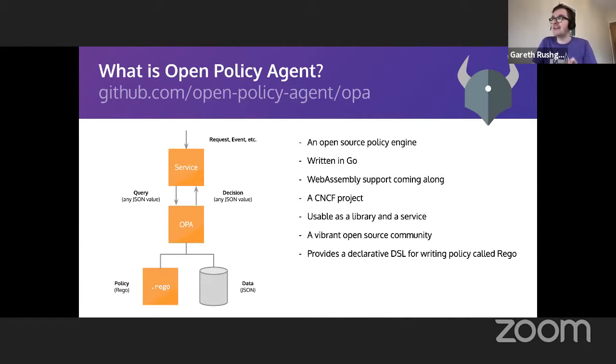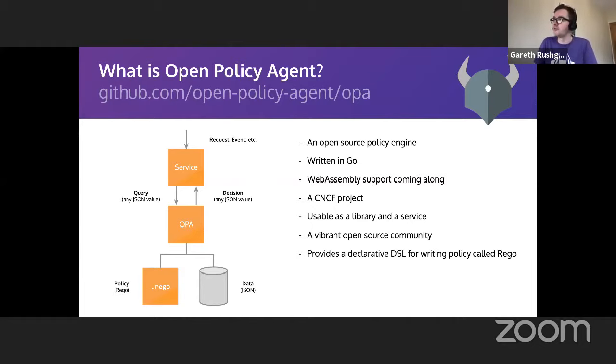Ultimately, it's an open source policy engine. If you've ever written something which really separates out some rules and their application, you've built a basic policy engine. Open Policy Agent basically takes that, keeps going with it, and then says you can use this as a library rather than writing a simple version of it every time you want to solve that sort of domain problem. There's a vibrant open source community.